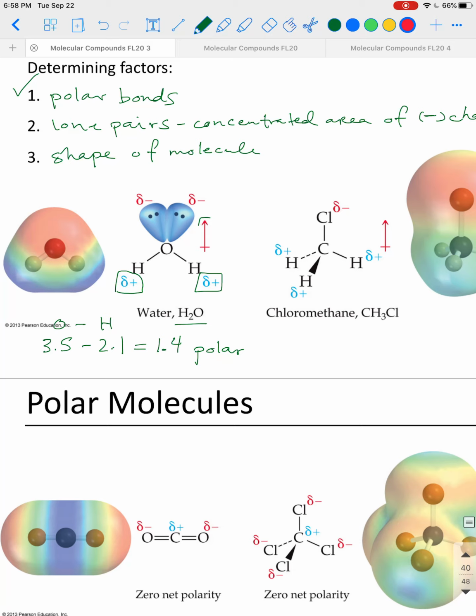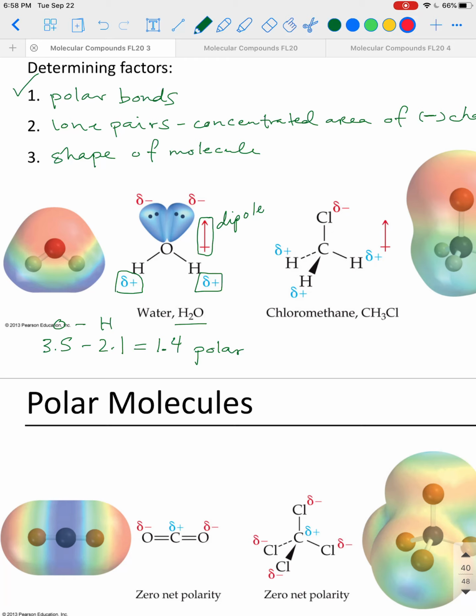So I'm going to put a box around this symbol. What is this? This is an arrow with a plus sign at the opposite end. We call this a dipole. Okay? A dipole is an indicator of a polar molecule. If you can draw a dipole on a molecule, then that molecule is polar.